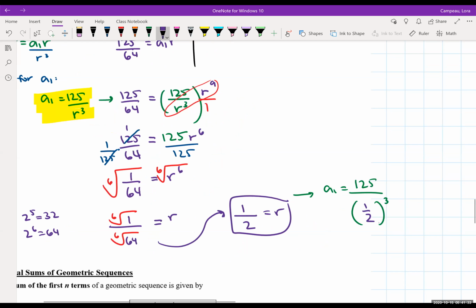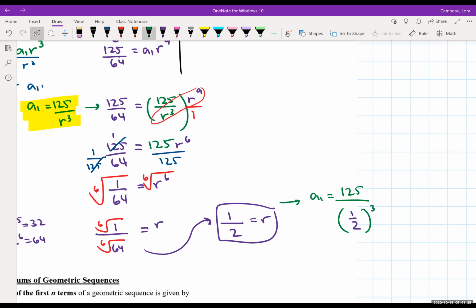We can just take a little bit of time and simplify this math. 125 over 1/2 cubed, which is 1/8, since 1 times 1 times 1, 2 times 2 times 2.